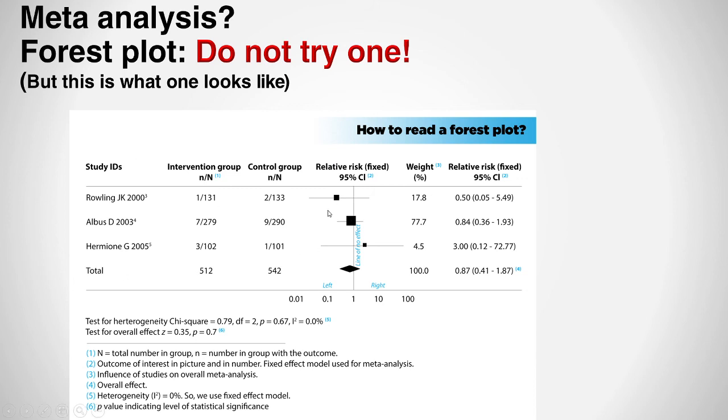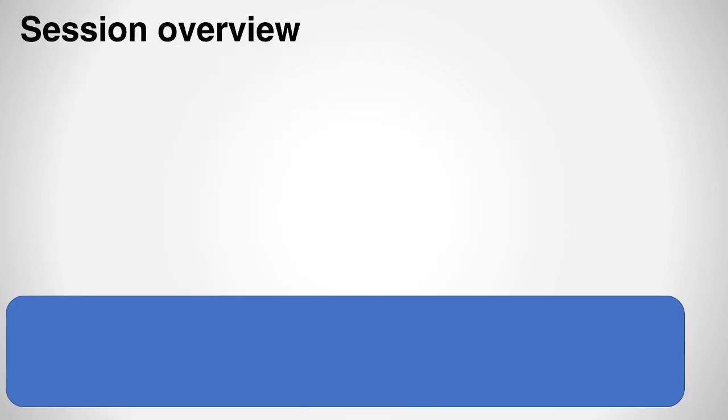That's what these boxes show, and you've got the 95% confidence interval as shown on this line, but don't worry about what it shows. It's just a numerical way of showing what you've reported in the systematic review. You wouldn't do one of these unless you went on to do a PhD. Okay, so no worries there.